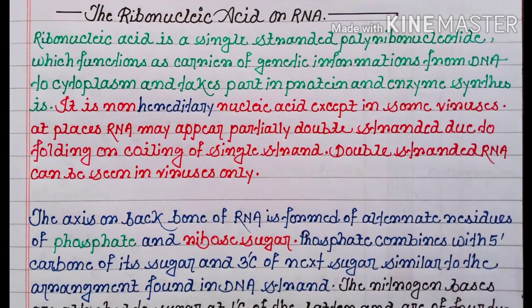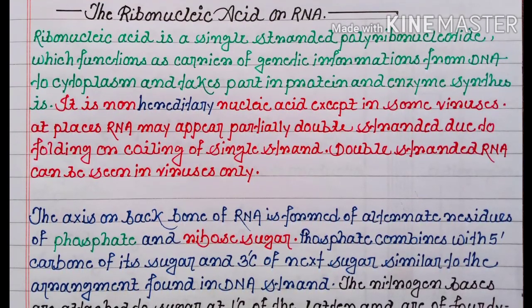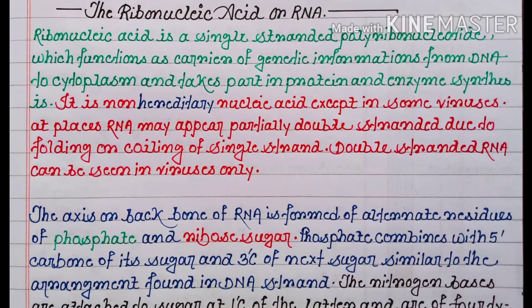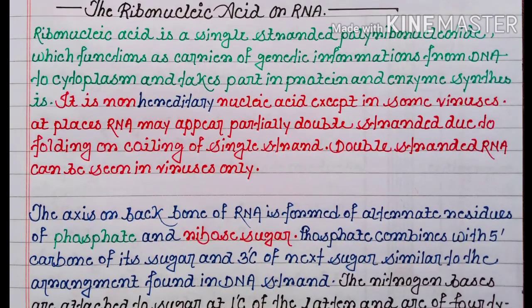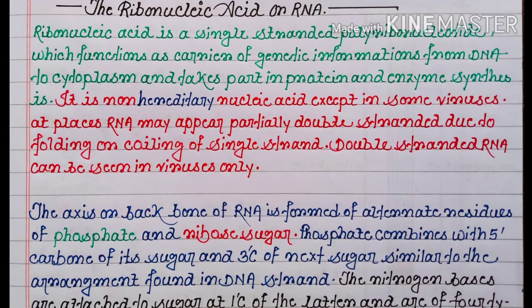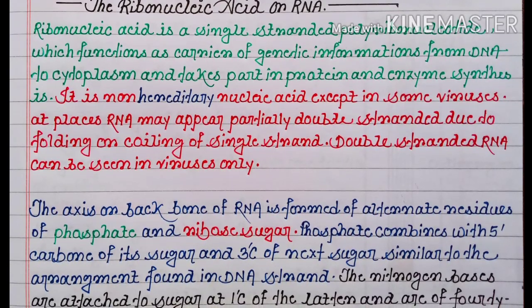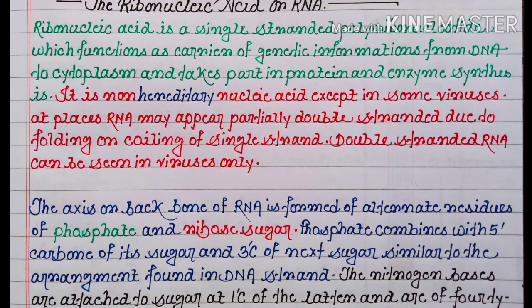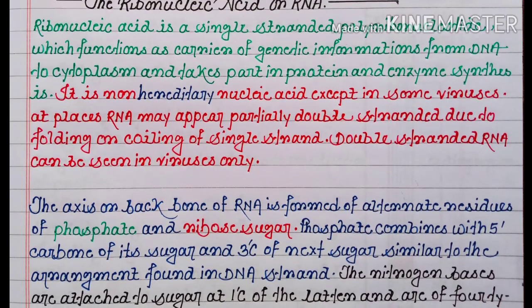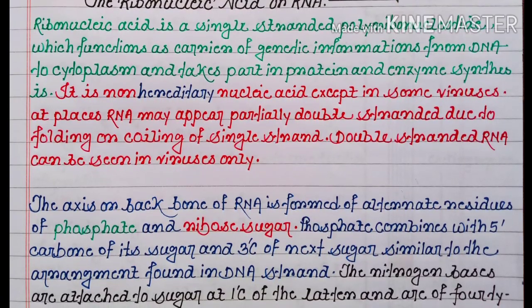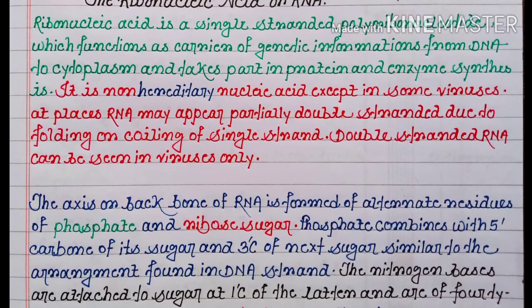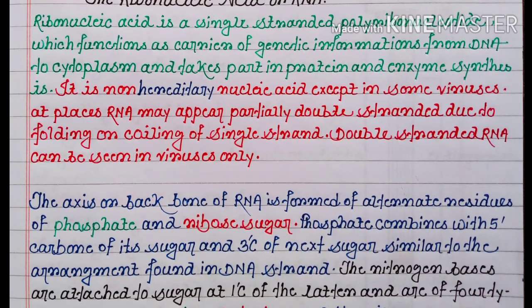It is a non-hereditary nucleic acid except in some viruses. At places, RNA may appear partially double-stranded due to folding or coiling of a single strand. Double-stranded RNA can be seen in viruses only.